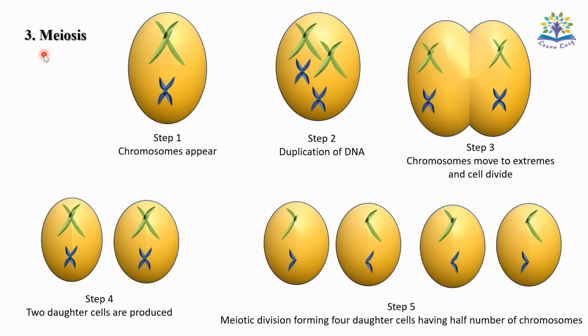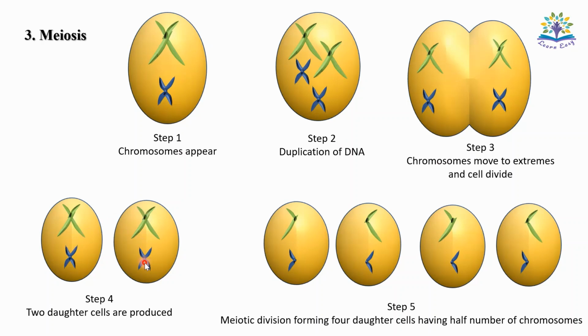The third type of cell division is meiosis. In this, two types of cell division happen. Meiosis happens in germ cells of reproductive organs. This leads to the formation of gametes. Here, first the cell undergoes mitotic division, as you can see in the first 4 steps.